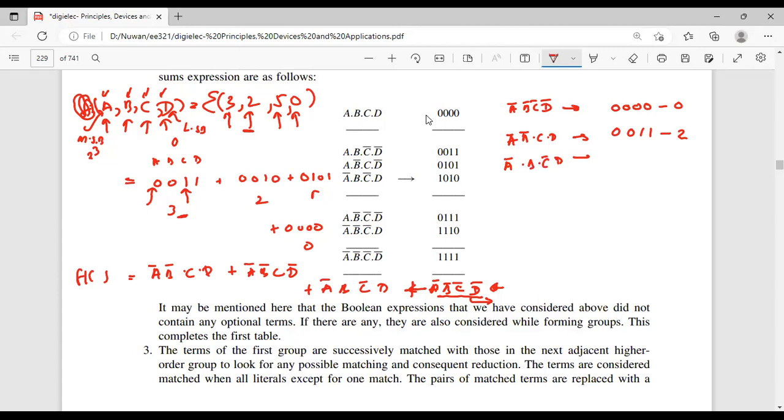So likewise, you can write the other terms also. This one has 3 ones, so there is another group that has 3 ones.